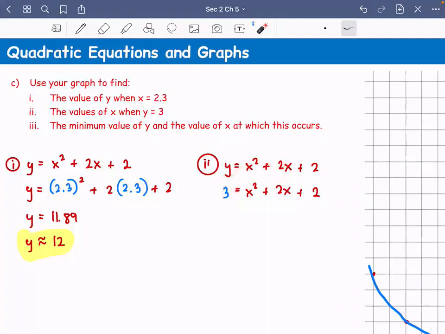So this is now equal to 0. So this is now 0 equals x squared plus 2x plus 2 minus 3. So it now became minus 3. Let me simplify this further. So this is now x squared plus 2x. What is 2 minus 3? It's negative 1.